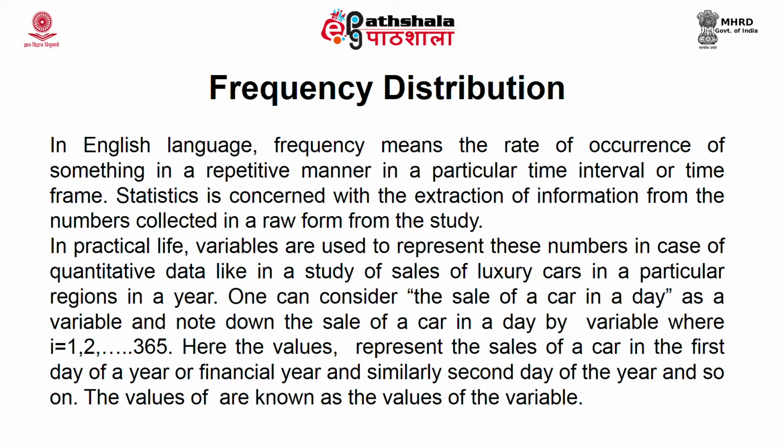Here the values x1, x2, and so on up to x365 represent the sales of cars on the first day of a year or financial year, and similarly the second day of the year and so on. The values x1, x2, and so on, x365 are known as the values of the variable.